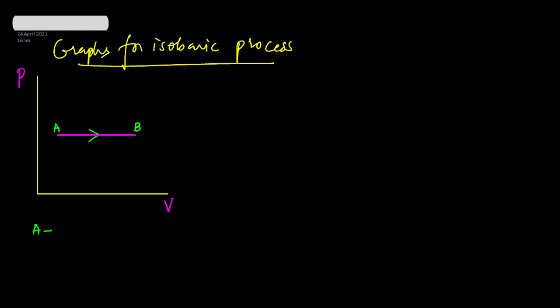So A to B will mean expansion, and B to A will mean compression of system. Expansion of system and compression of system. Everything clear in this graph? Okay.